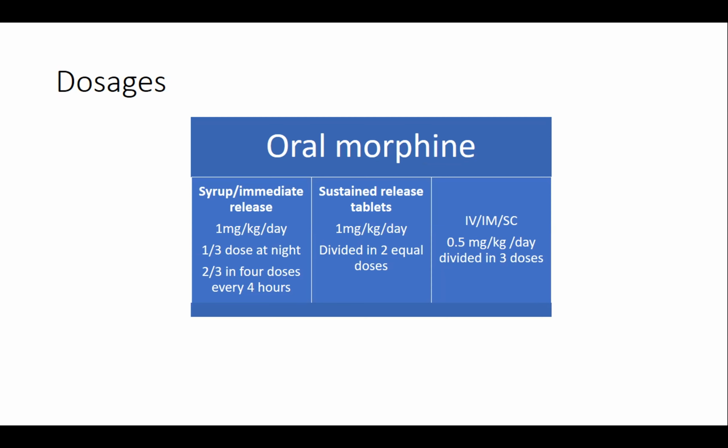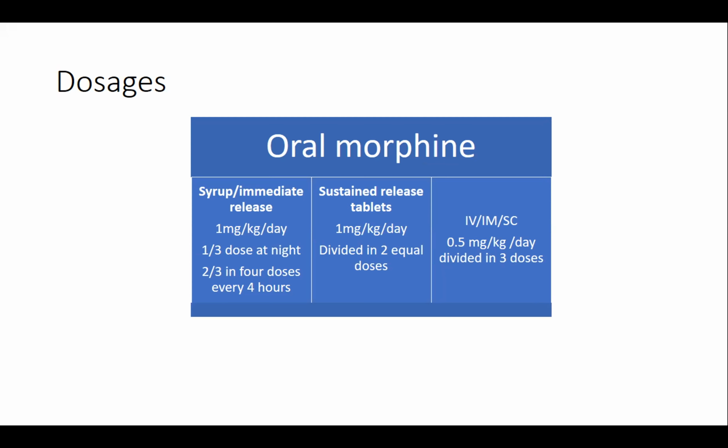We also have the sustained release tablets, and these are available. Mostly, I've seen them mostly in the private facilities. Some government facilities do have them. And I talked to Ali earlier, and he mentioned that they also have these tablets with them. So these ones are easier to give because you give them in 12 hourly doses.